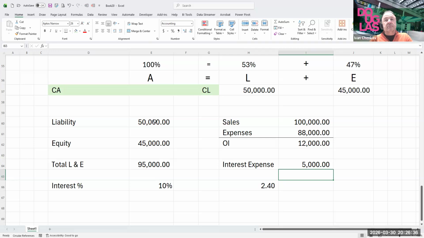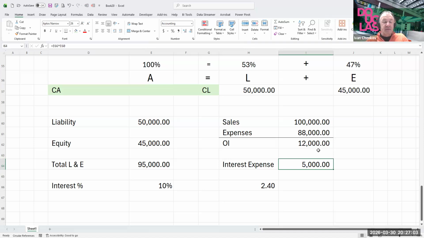$5,000. What happens with the times interest earned ratio? From 1 it jumps to 2.4. What does that mean? That means the debt is now cheaper. You haven't changed anything in the company. You're still doing the same sales, still doing the same expenses.